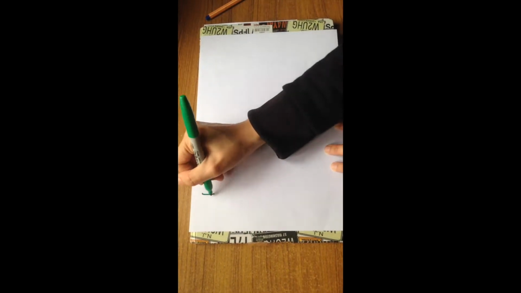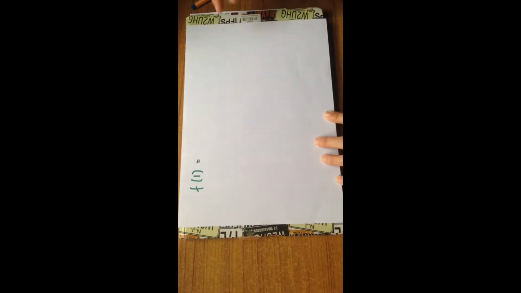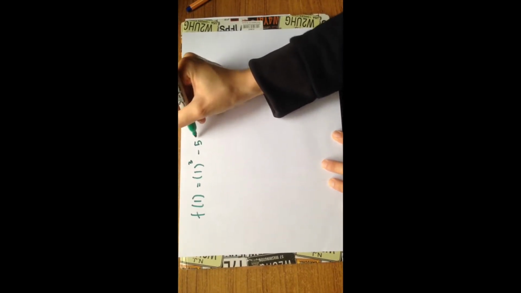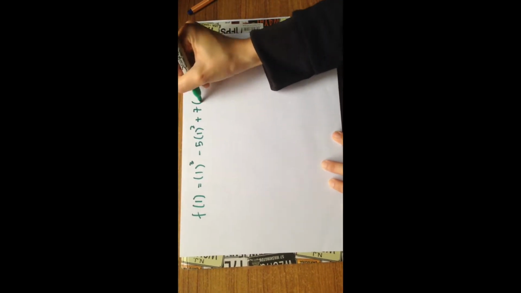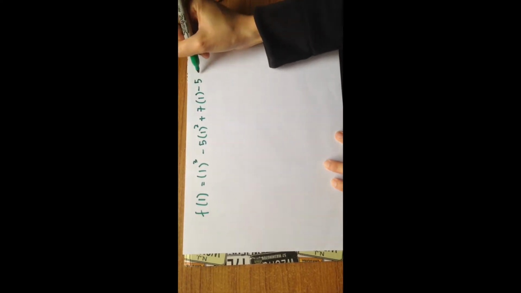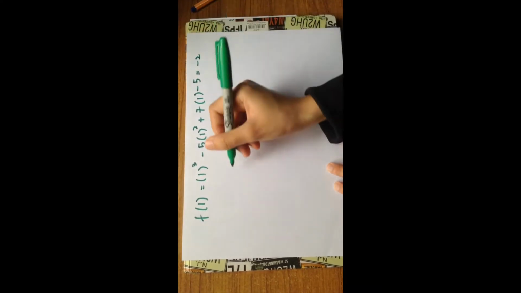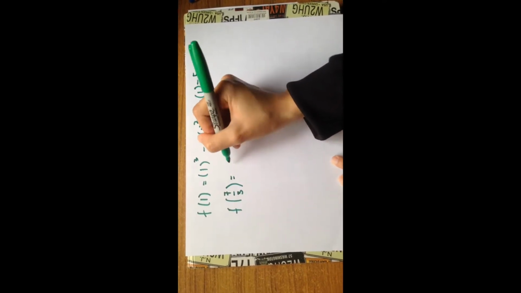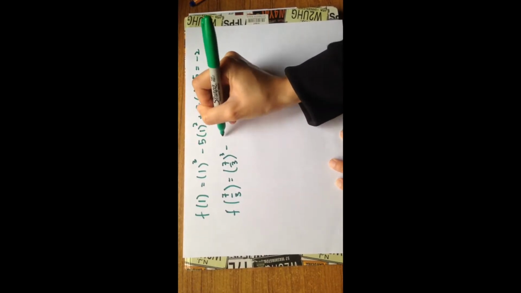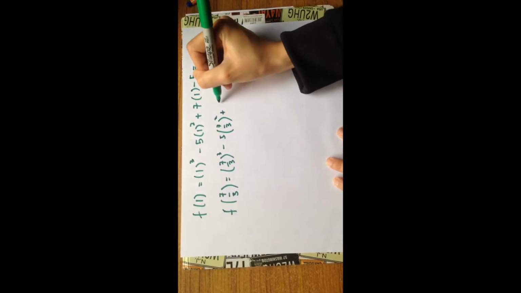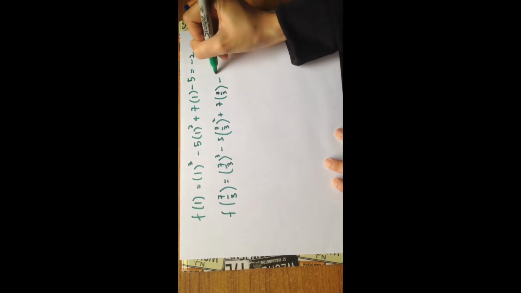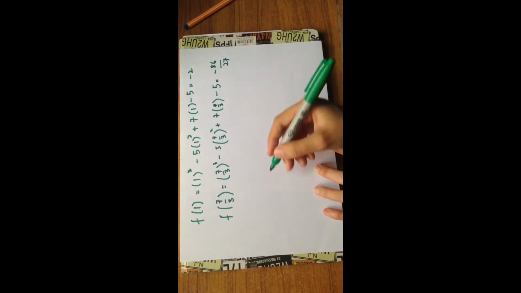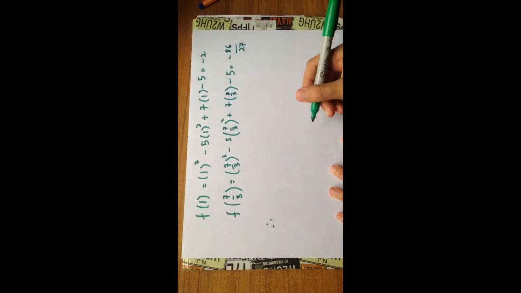So f(1) equal to 1 cubed minus 5 times 1 squared plus 7 minus 5 equal to negative 2, while for x equal to 7/3, we get negative 86/27.